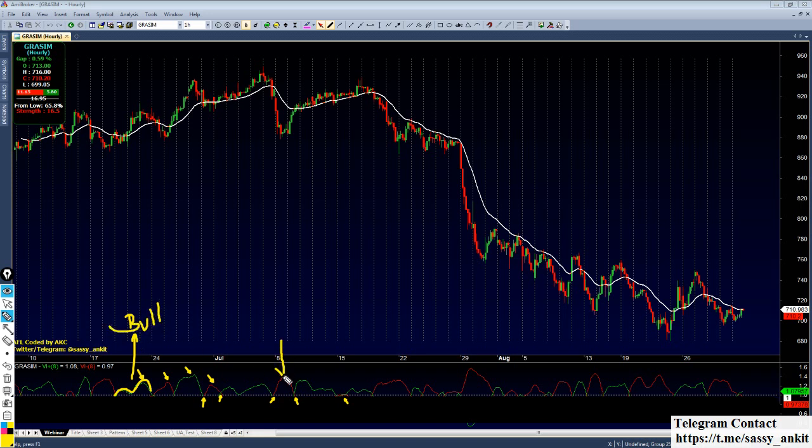When I have the red one above 1, then I am expecting a bearish trend to go on. These are your intermediate trends, a small part of the bigger picture.